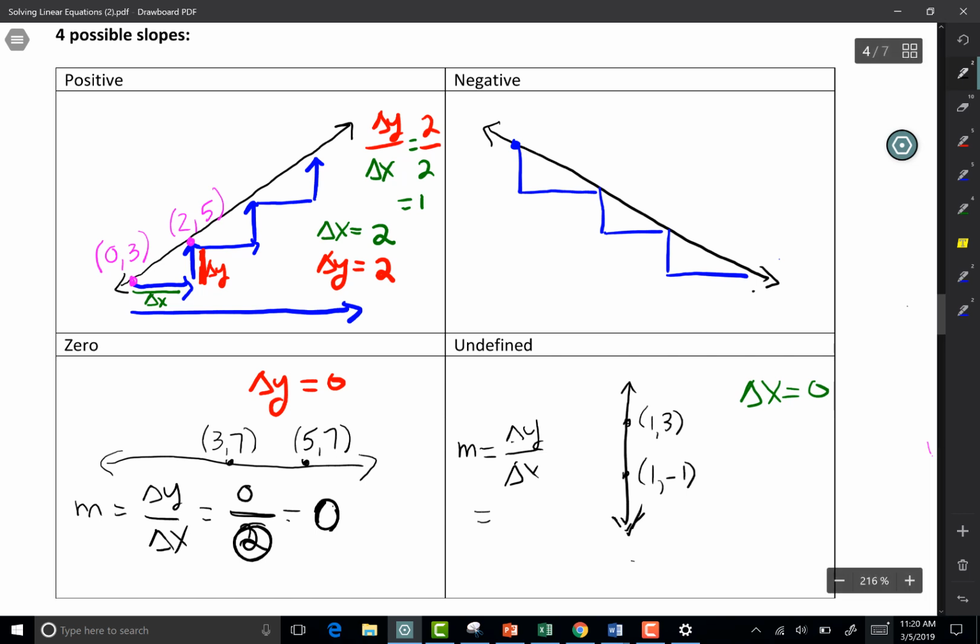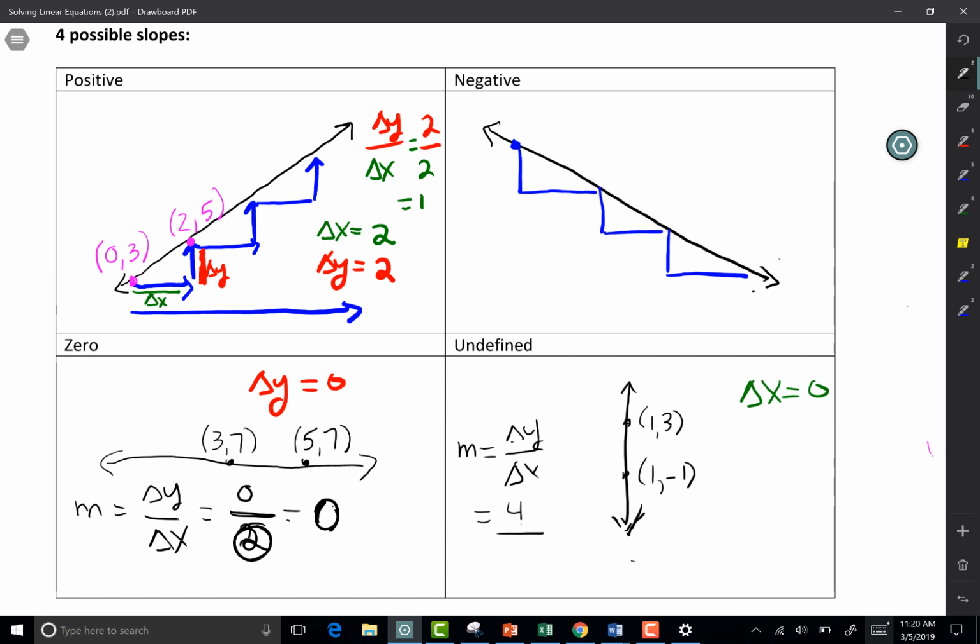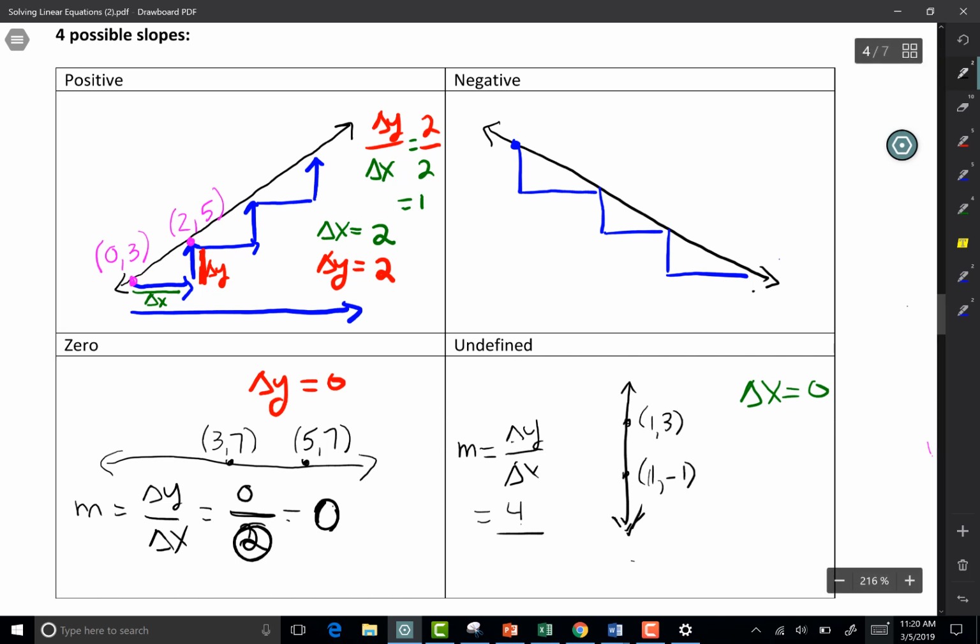My vertical change from -1 to 3 would be 4. It's going in the up direction, up positive 4 points. And then my change in x is 0, right? My x is the same, there's no change. So that would be 0. And we know that whenever we divide by 0, that's undefined.